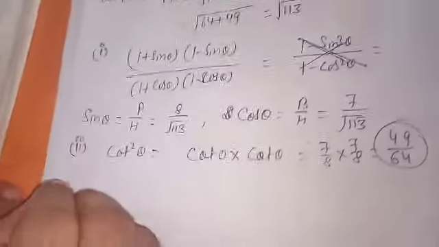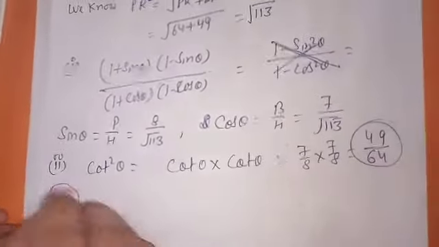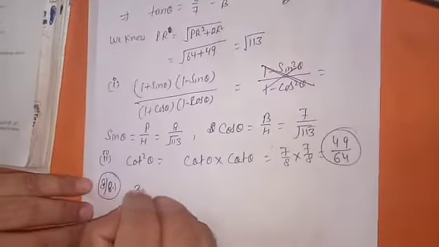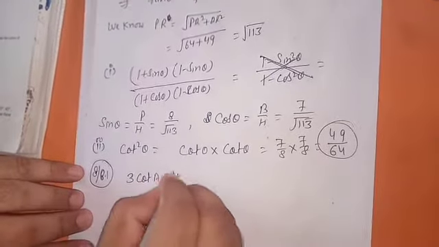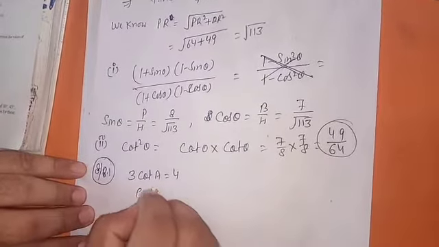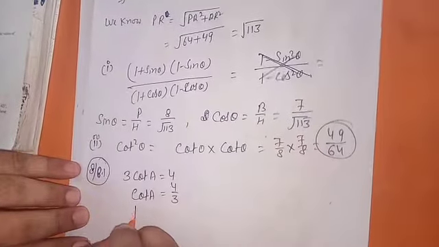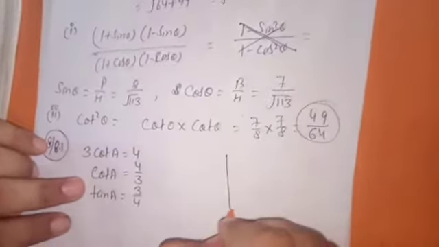Question number 8, exercise 8.1. It's given 3 cotangent of A equal to 4. It means cot A equal to 4 by 3, or you can say tangent of A equal to the inverse of it, 3 by 4. Make a figure.